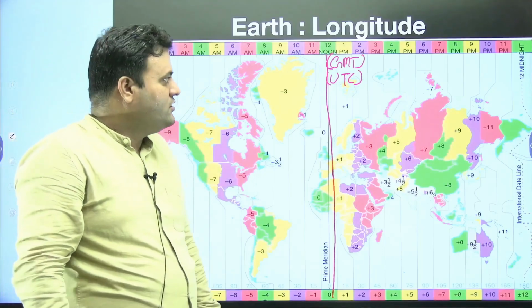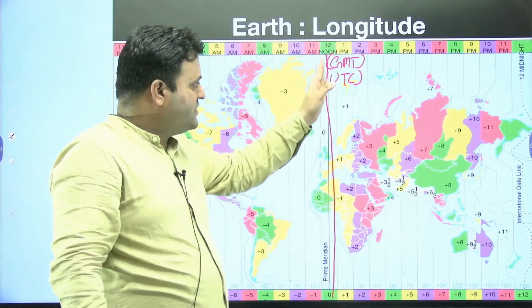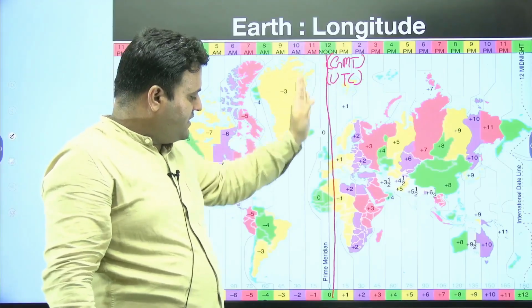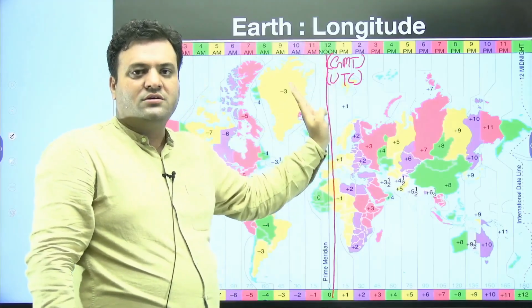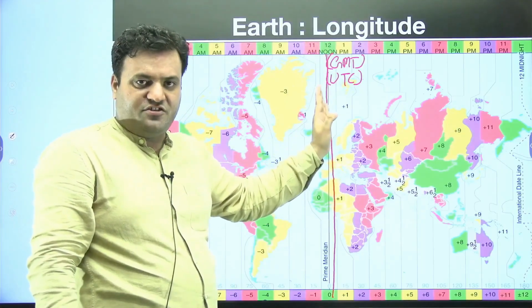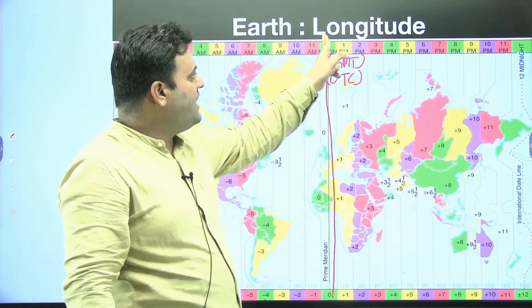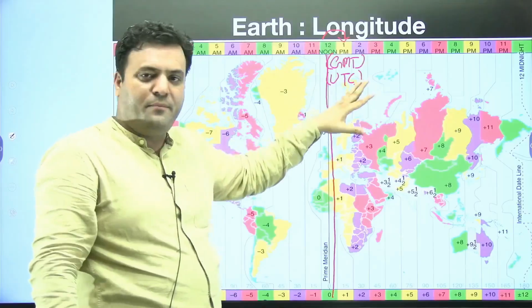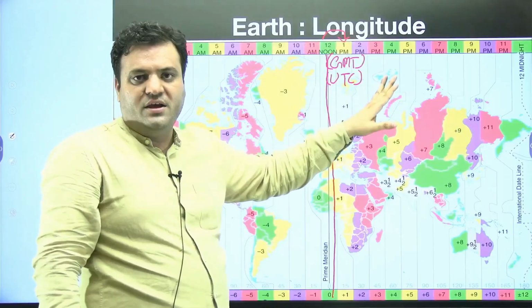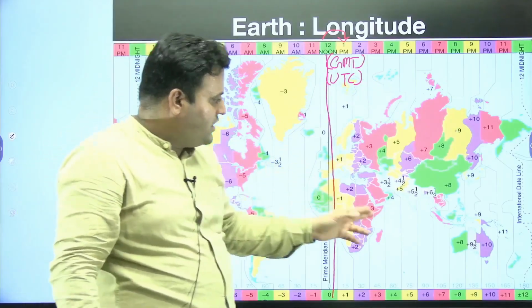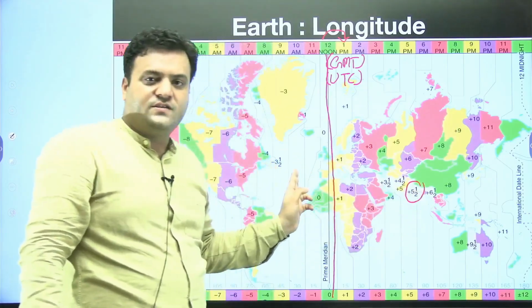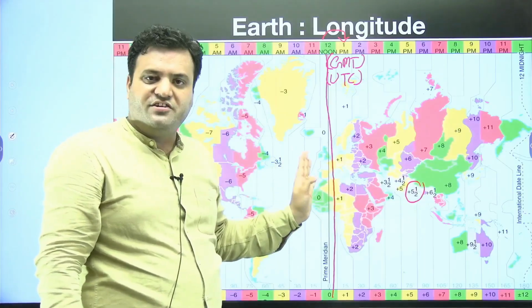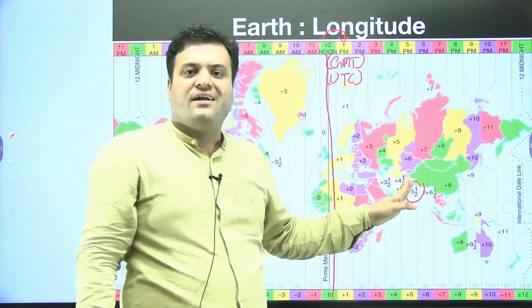So here, we have a 15 degree variation. Suppose there is 12 noon at 0 degree, let's say on the Greenwich line. Here we will have almost 1 p.m. when you move by 15 degrees. If you see India, India is ahead of this 0 degree Greenwich mean line by 5.5 hours.